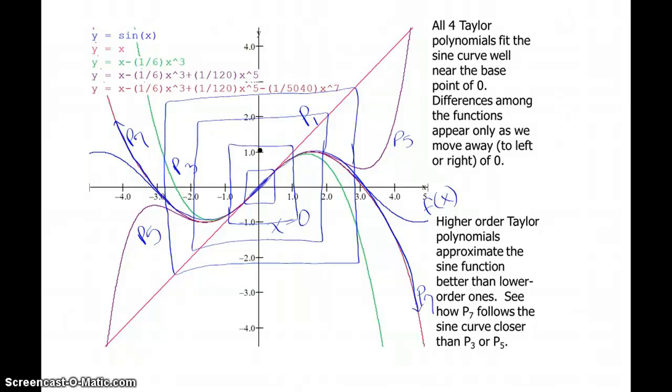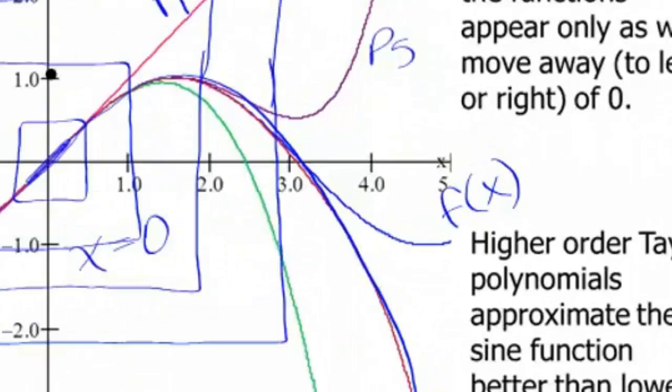Let's say we wanted to use a Taylor approximating polynomial built around x equals 0 to approximate the sine function at x equals 4. Well, at x equals 4, here's the output of the sine function. Here's the output of the 7th degree Taylor polynomial.